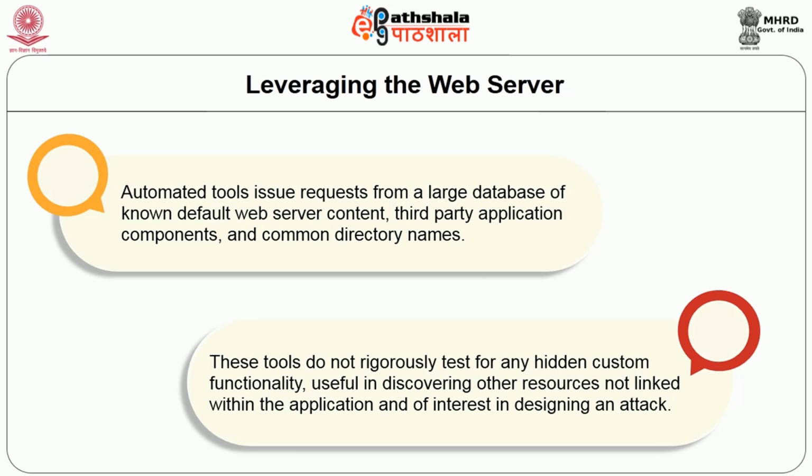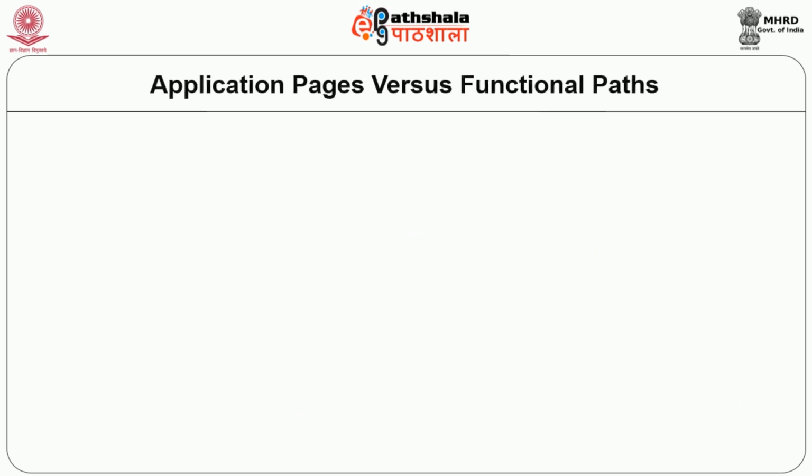These automated tools do not rigorously test for any hidden custom functionality. They are useful in discovering other resources that are not linked within the application and that may be of interest in formulating an attack. Next, we will talk about application pages versus functional path.